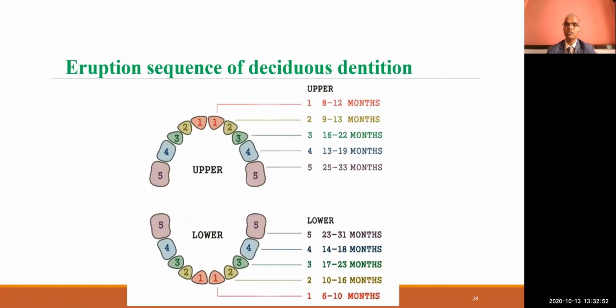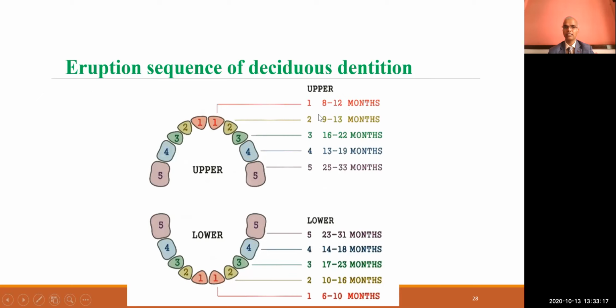Eruption sequence of deciduous dentition. First, the lower mandibular central incisor erupts at around 6 to 10 months. Lateral incisor 10 to 16 months. Canine 17 to 23 months. First molars 14 to 18 months and second molars 23 to 30 months.